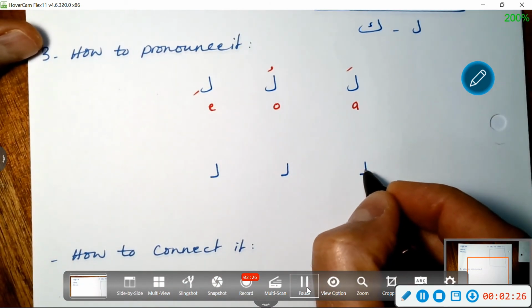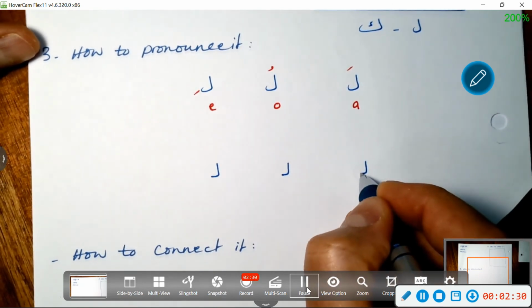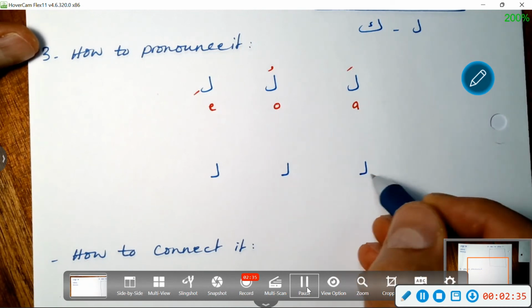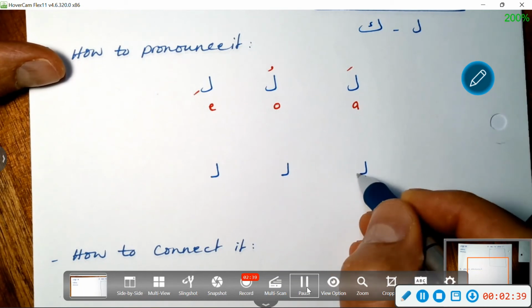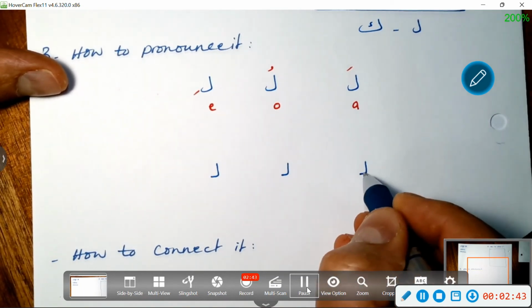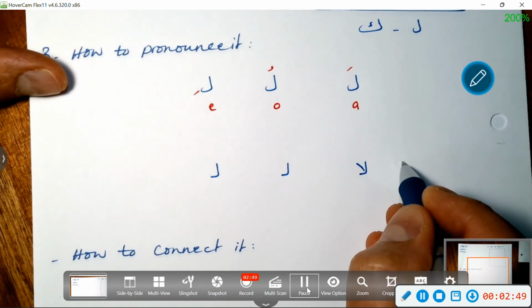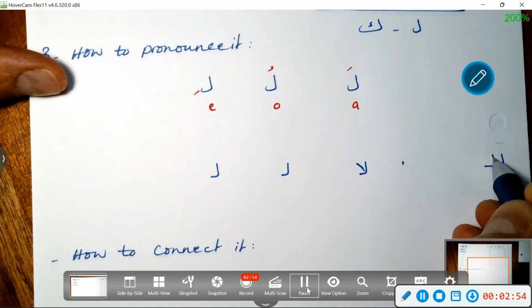La. Now there is something about lam that hosts an alif after it. If the alif comes after the lam, we can write it in many different ways. One way is to put the alif this way. One way is to put the alif over the lam, but we extend the base of the alif.